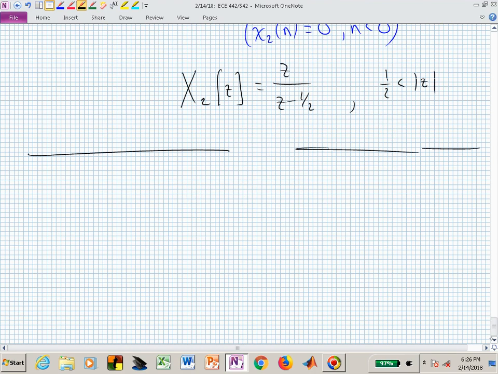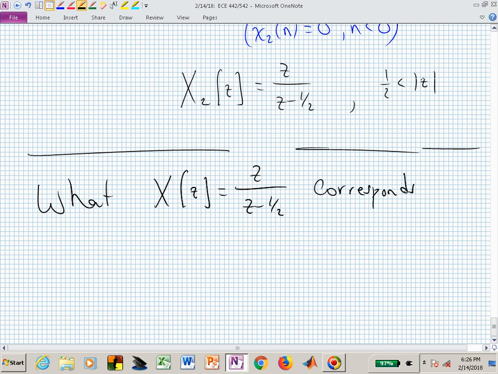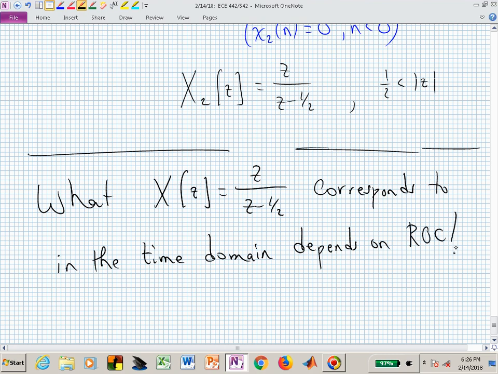What I hope this two-case exercise has demonstrated is that what capital X of z equaling z over z minus 1/2 corresponds to in the time domain depends on the region of convergence.